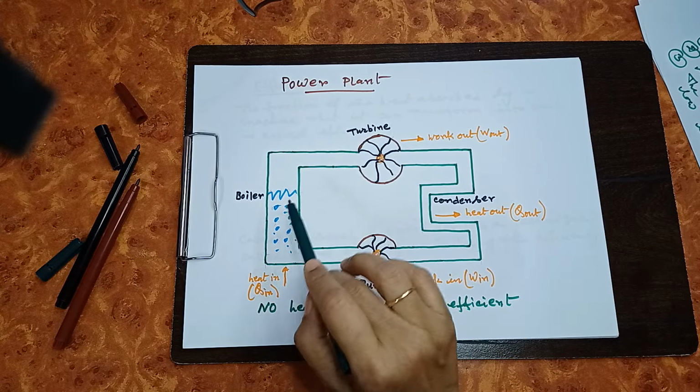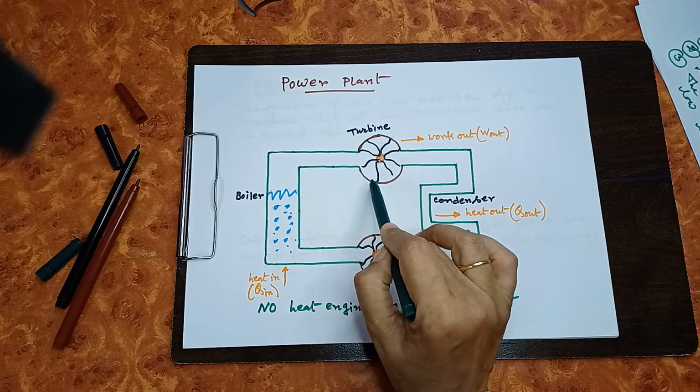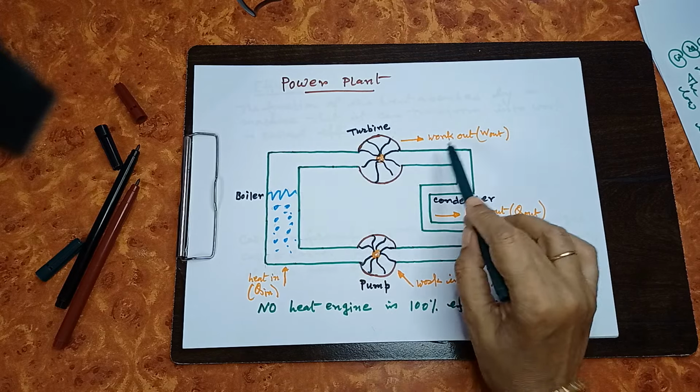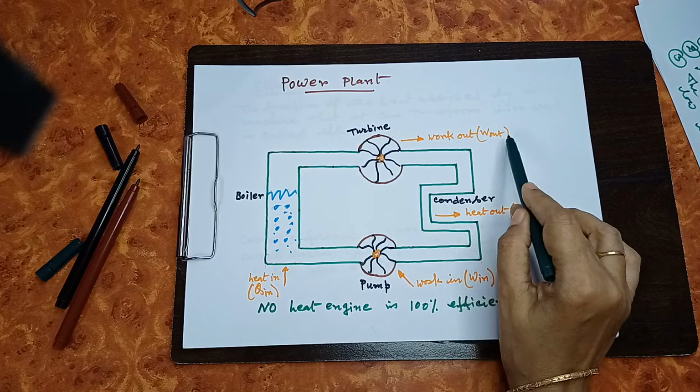So the steam flows to the turbine and leads to the formation of mechanical work. This is W out, output.